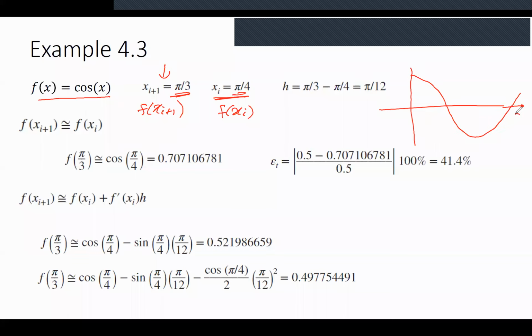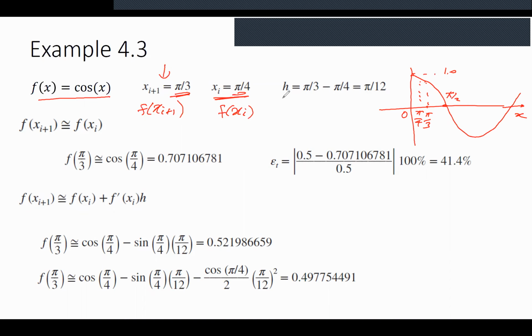So something like this. This is 0, and we have pi over 4 right here, and let's say pi over 3 right here. Then this should be, I think, pi over 2. So it goes like this. This is 1.